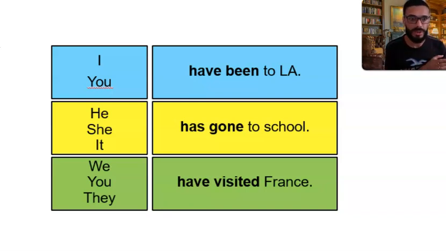Remember that the participle form never changes. What alters is the form of the verb have depending on which pronoun we are using. Like the pronouns I and you, the pronouns we, you, and they are also used with the verb form have plus participle.